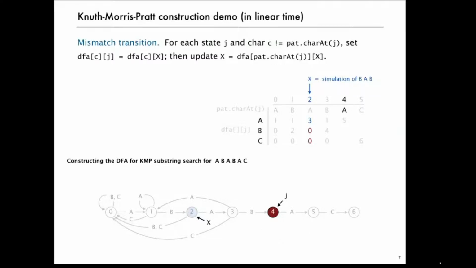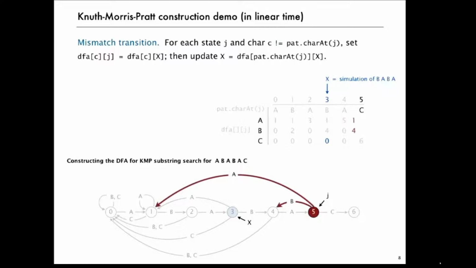All right, so now straightforward. State 4, we have to fill in B and C. We go to X's column and copy it to B from X's column. And then we update X, that's on A, and go to state 3. Now we're ready for state 5. We've got X in 2. And we need to do A and B, and we'll get the same as X on A for 1, and X on B for 4.